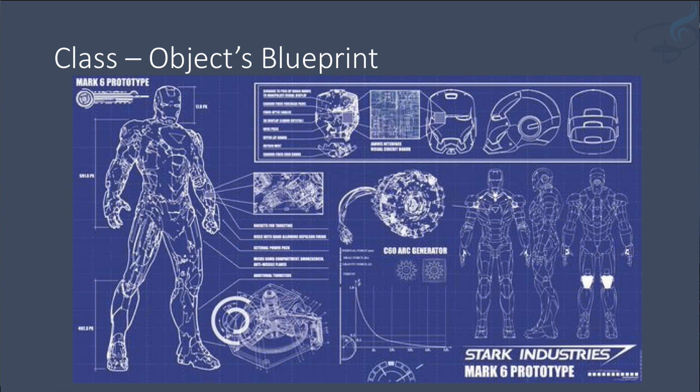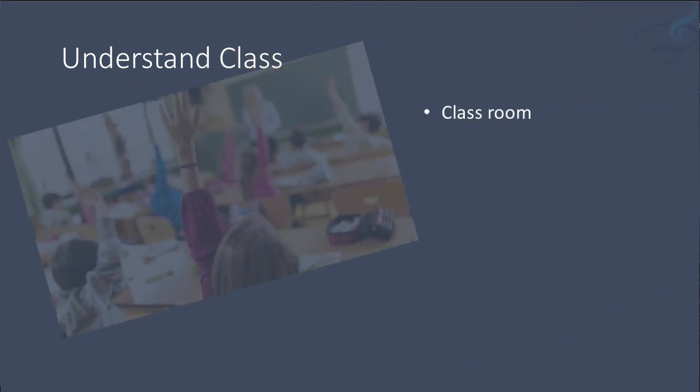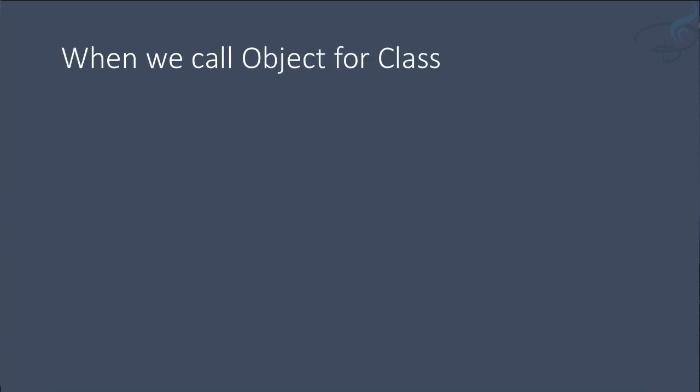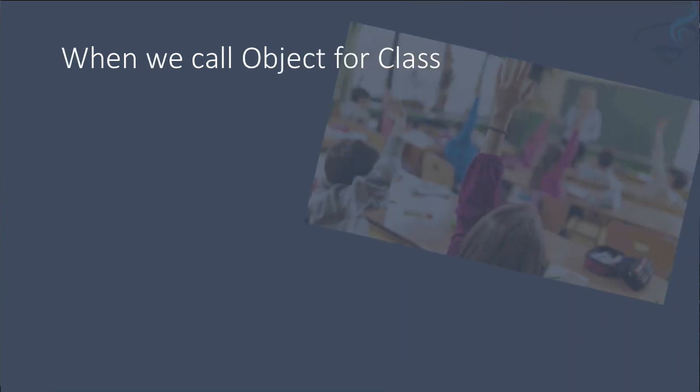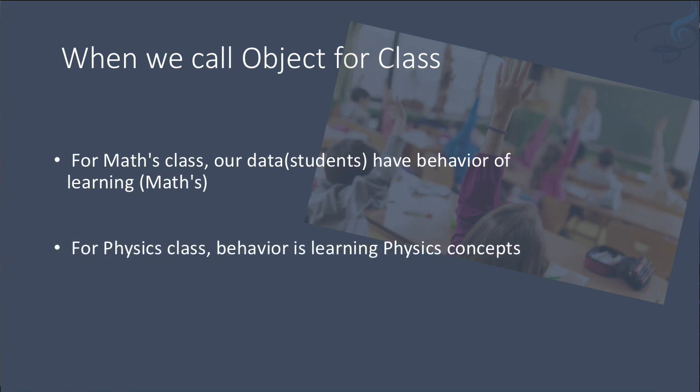If you're not getting this, let's understand a class differently. Whenever we hear the word class, we have in mind a classroom. In a classroom, students act as data and their behavior is to learn. In a maths class, the same student has the behavior of learning maths. Similarly, in a physics class, their behavior is to learn physics concepts.